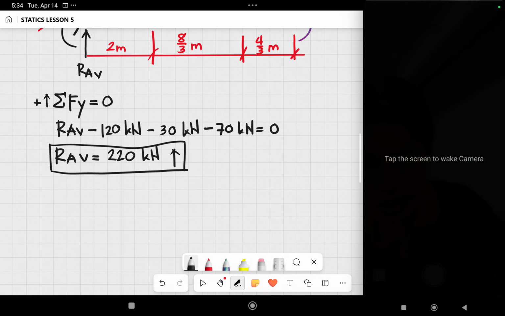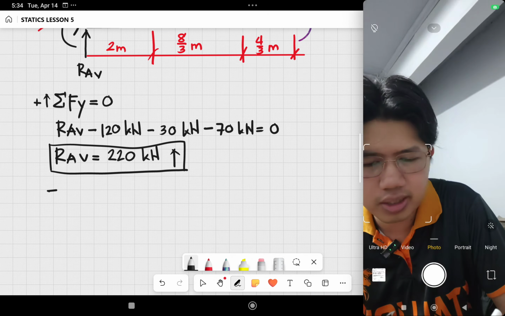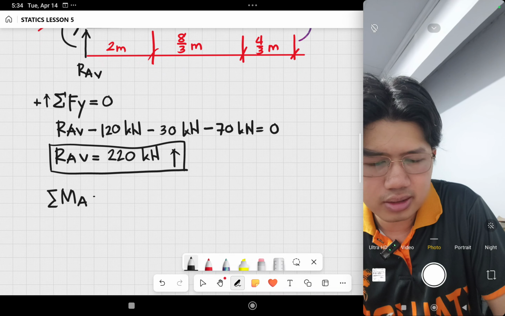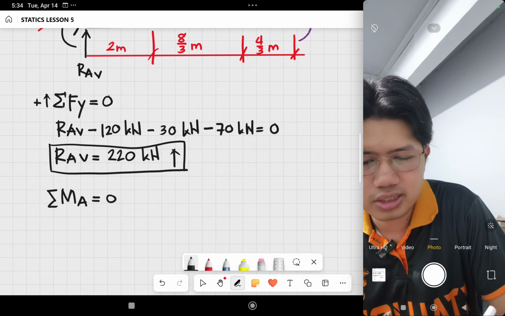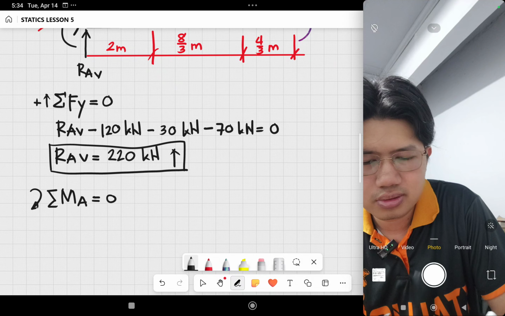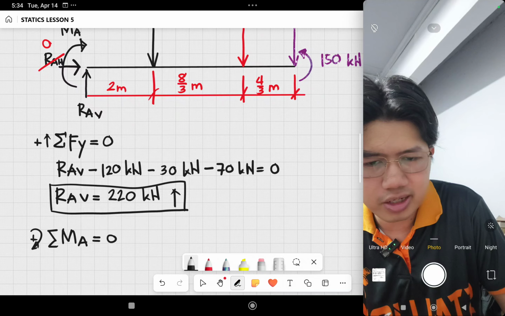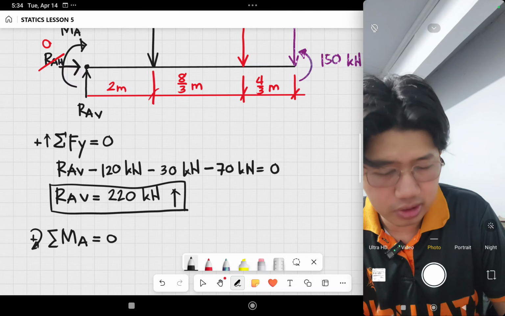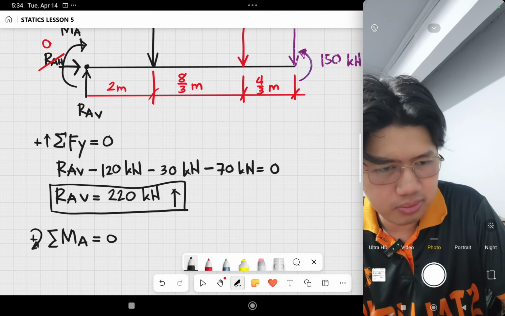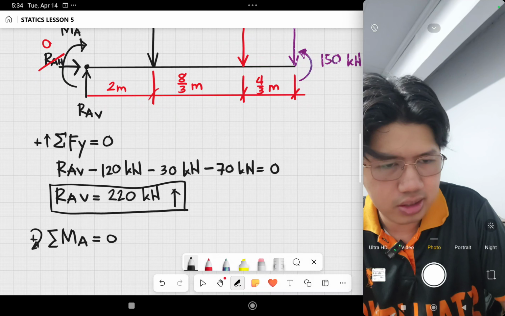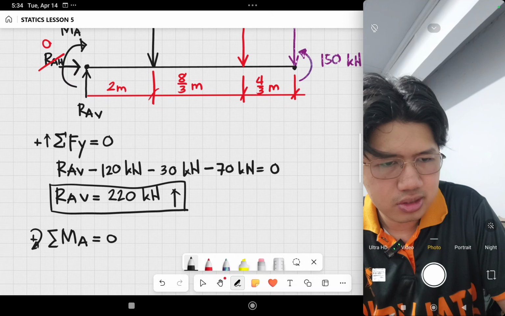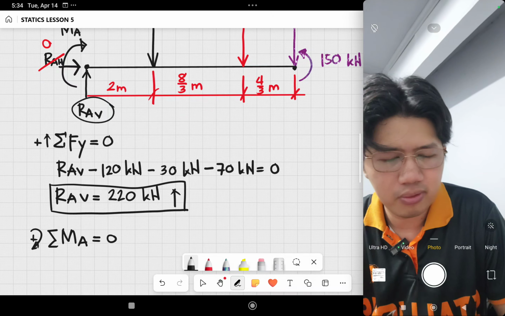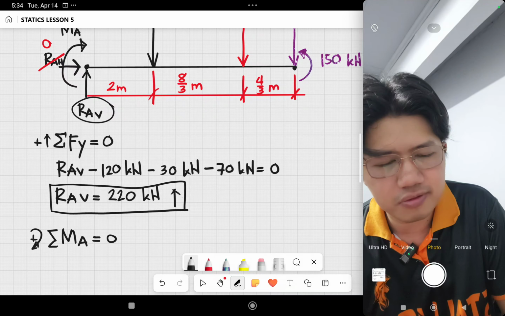And then, in-next ko na si summation moment at A equals 0. So, nag-moment ako sa A para ito yung pinaka-safe kasi point. Bakit? Kasi kung nag-moment ako dun sa point na ito, magkakaroon ng moment si RAV. What if nagkamali ako sa RAV?